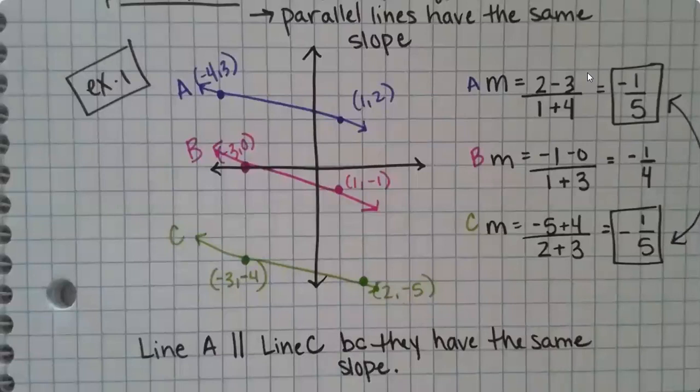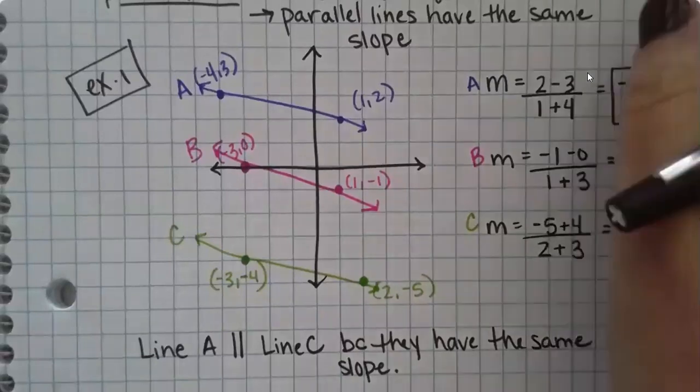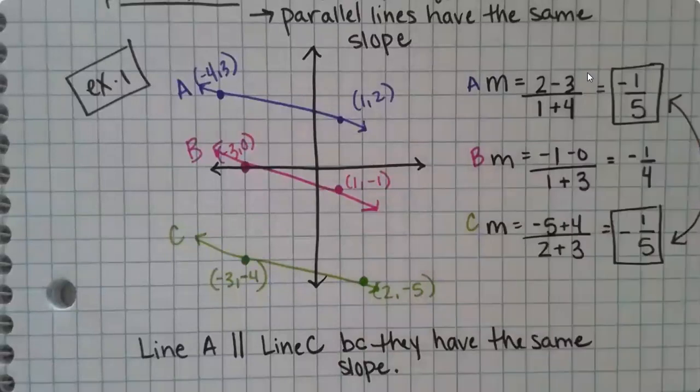All right, any questions about that so far? Oh yes, April. So if we were going to do rise over run instead of slope formula, will we always start at the highest point?